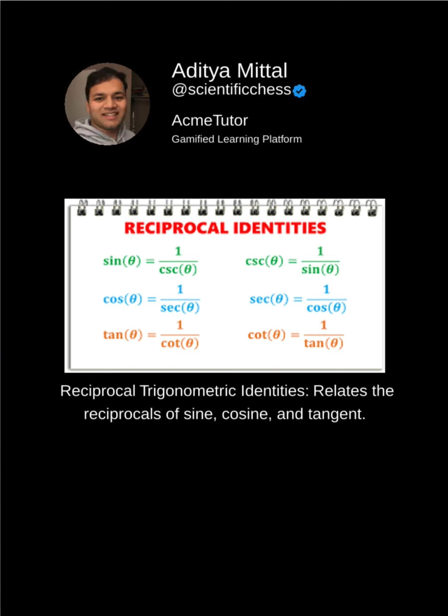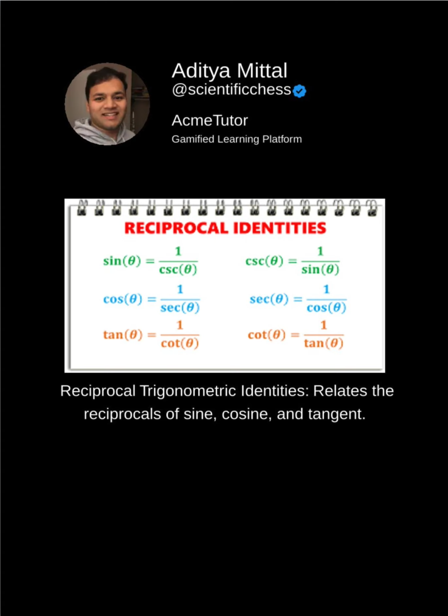The trigonometric identities. So we will get started with the reciprocal identities. What that means is that they are 1 over one of the other: sine, cosine, tangent, cosecant, secant, or cotangent. So if you do 1 over cosecant, you get sine.